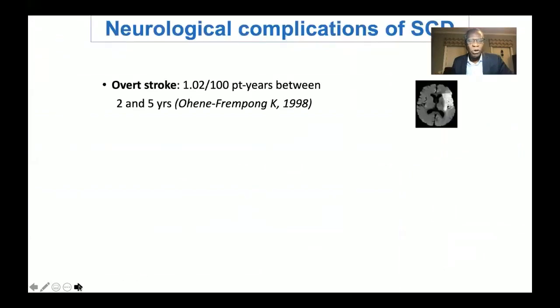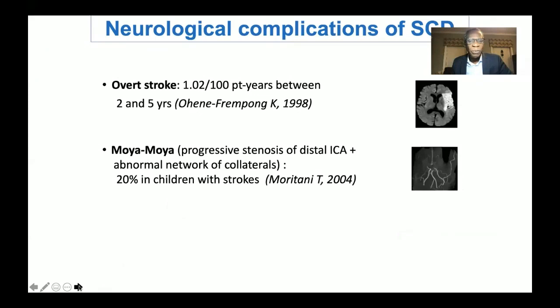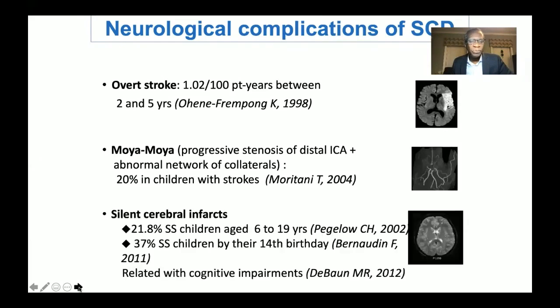Probably one of the most devastating complications of sickle cell disease is neurological complications. Without any preventive strategies, studies show that overt stroke occurs in about 1.0 per 100 patient years. Moyamoya, which is a progressive stenosis of the distal internal carotid artery with an abnormal network of collaterals, occurs in 20% of children with strokes.